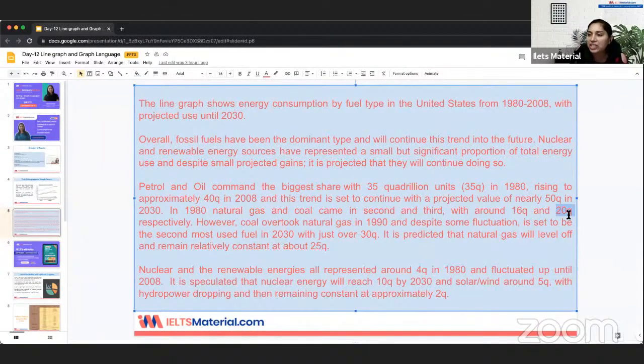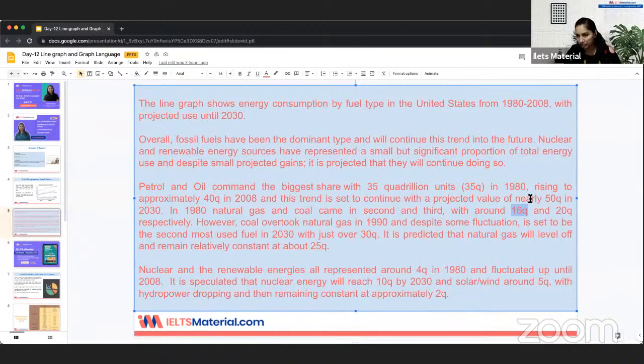Yes, it is okay to write Q, because this particular Q will not be considered as a separate word. The complete 16Q will be considered as one word when you count the number of words.